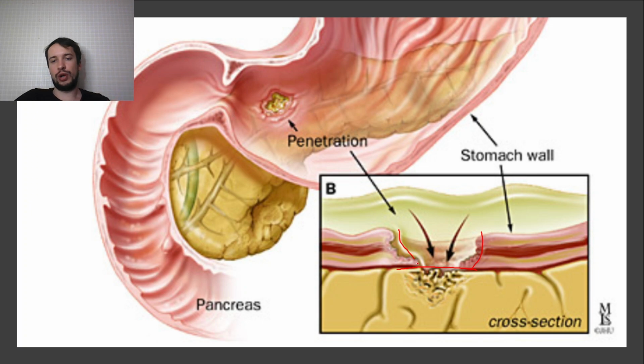Second stage, when with this organ we have fibrosis, inflammation. And third stage, when we have some deeper defect, injury in this organ.